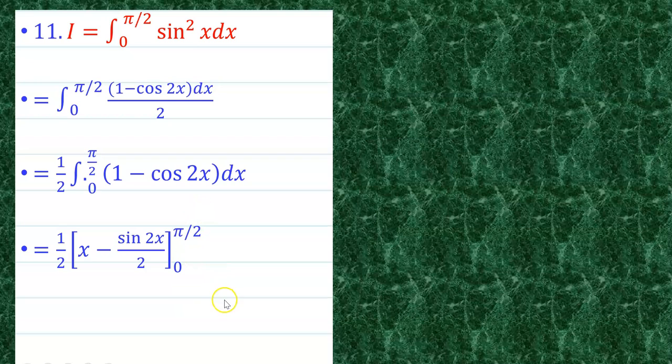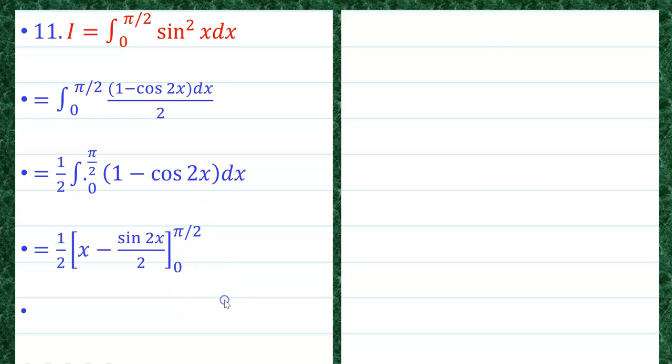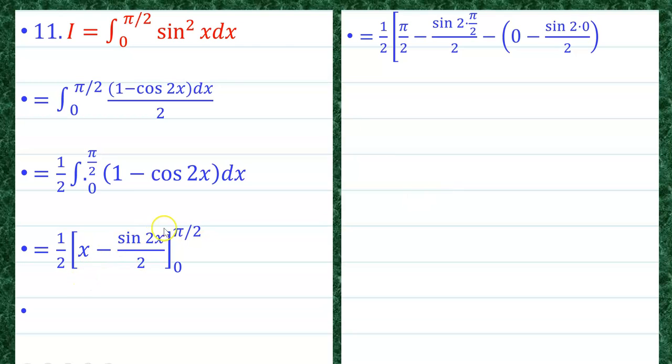Lower limit is 0, upper limit is pi by 2. Next, first replace this x by pi by 2, that is 1 upon 2 times pi by 2 minus sin of 2 times pi by 2 upon 2, minus the lower limit 0, that is 0 minus sin of 2 into 0 upon 2. Hence that is 1 upon 2 pi by 2, these 2 get cancelled, sin of pi upon 2 minus this 0.